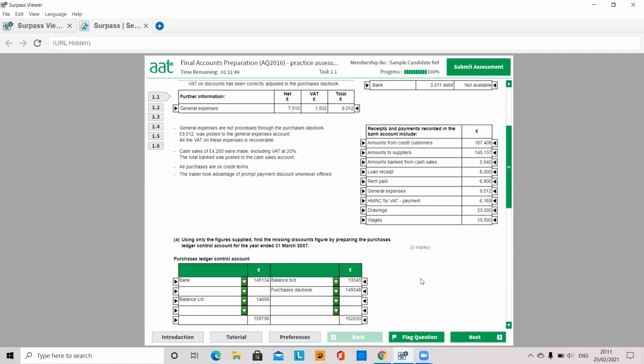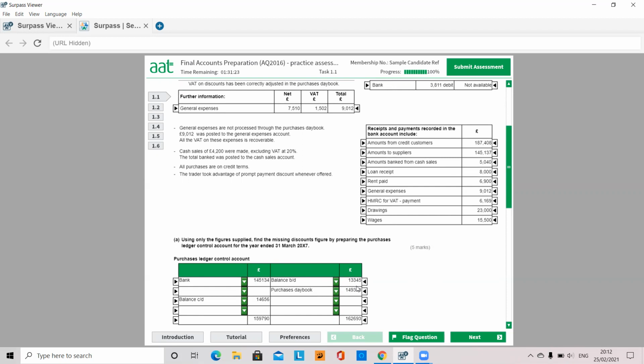So we've done a balance brought down of 13,345. What I say to my students at this point to do the purchase ledger control account, and same with sales ledger control account, but let's stick to this one. So what would increase the amount of money that we owe our suppliers? And obviously that's purchases.